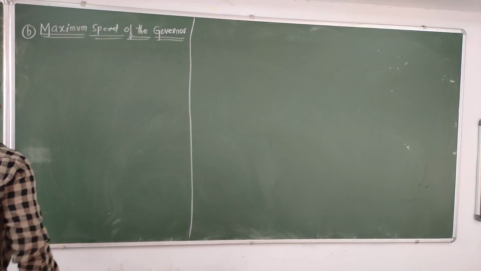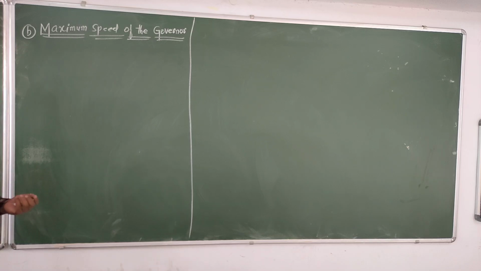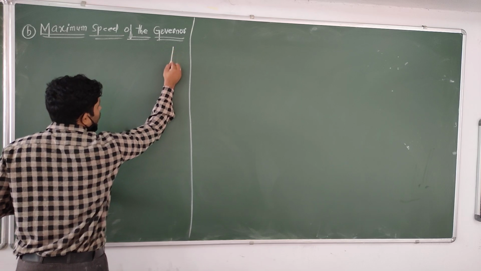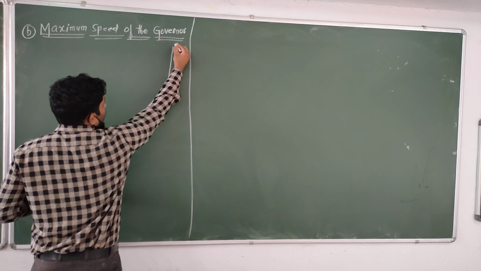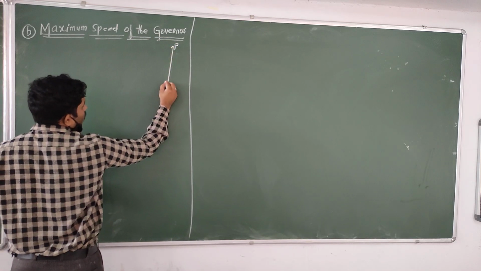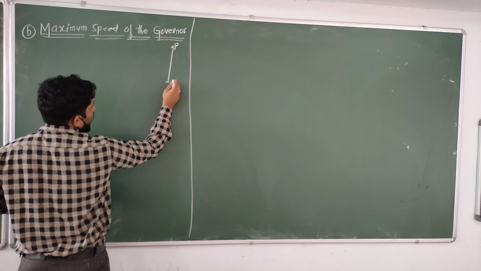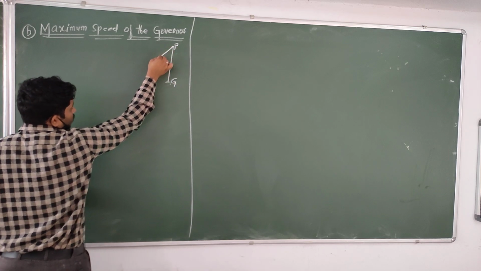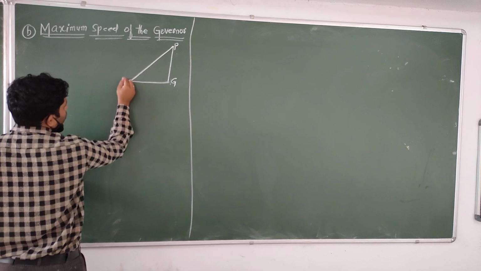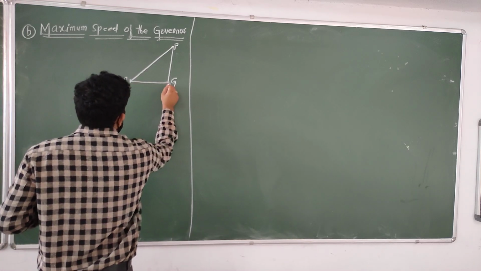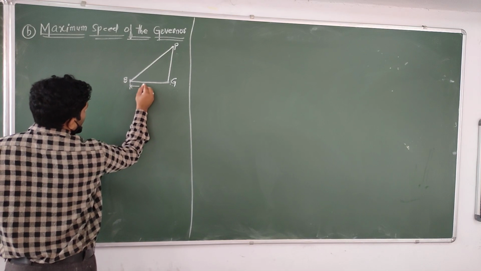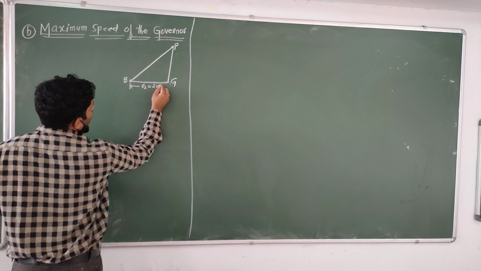Okay. If you want to find out the maximum speed of the governor, we have to consider the same triangle. The above point is represented by P, the below point is represented by G, and the mass of the ball is represented by B. From B to G, the radius of rotation is given as 200 mm. R2 equal to 200 mm.